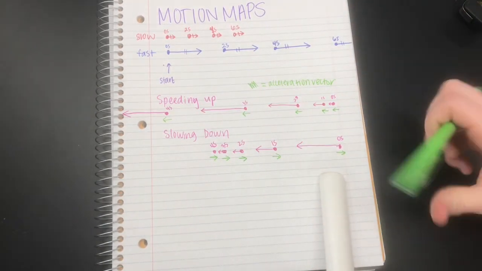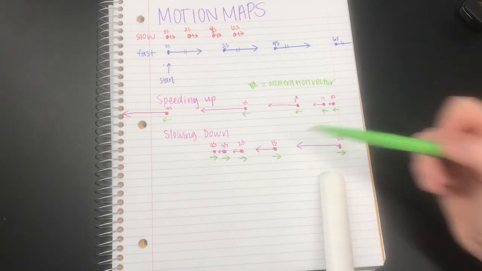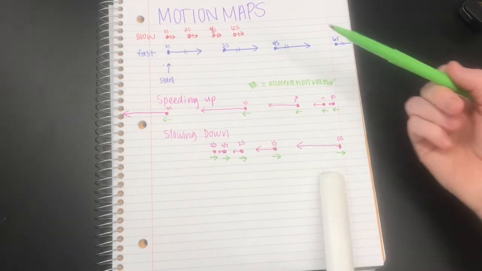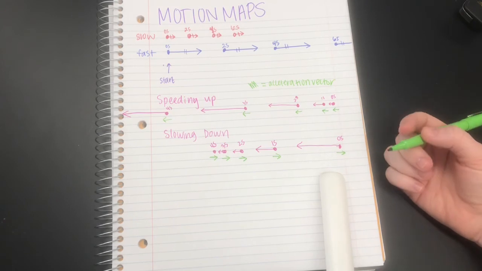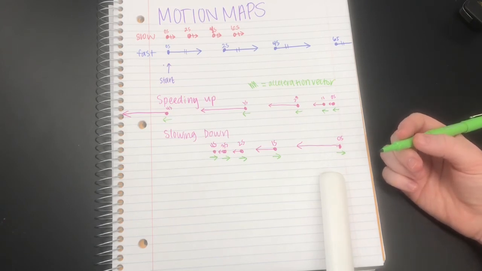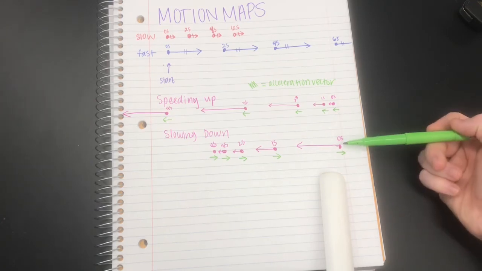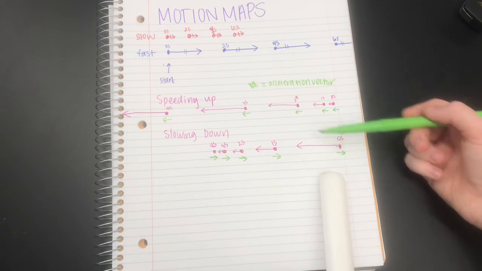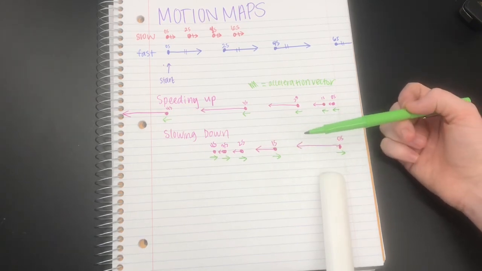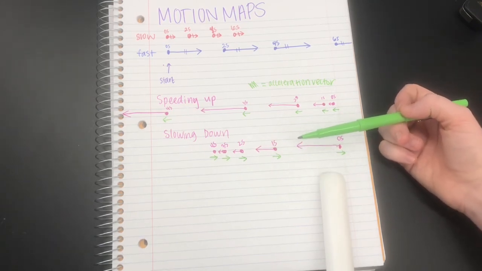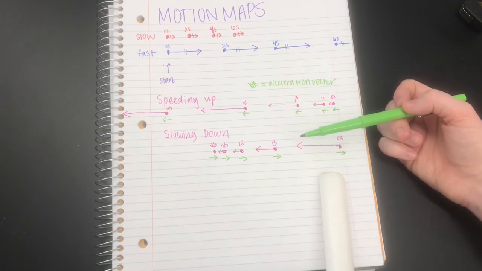And the reason why we can look at that change in velocity over change in time to determine the direction of our acceleration is because acceleration is the change in velocity over change in time. So in this example, when my velocity is becoming smaller, that means my acceleration should be in the opposite direction because my velocity is changing in the opposite direction.